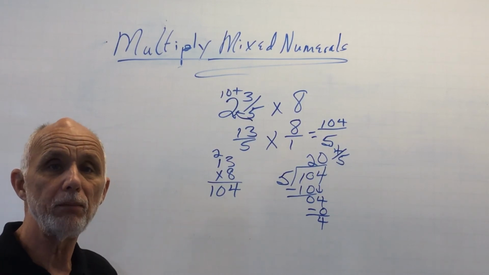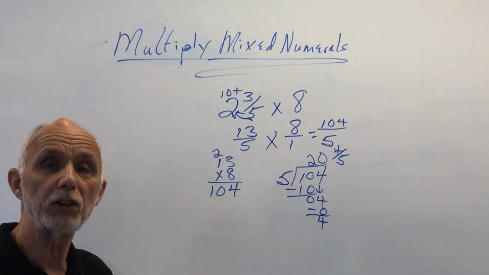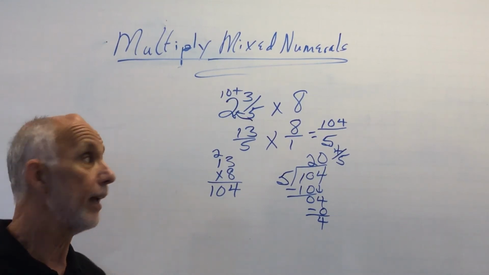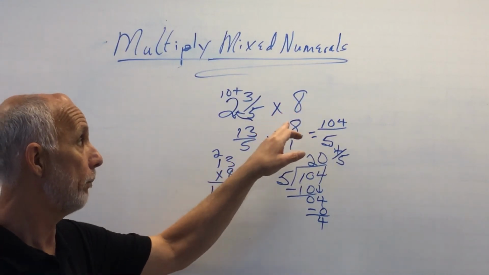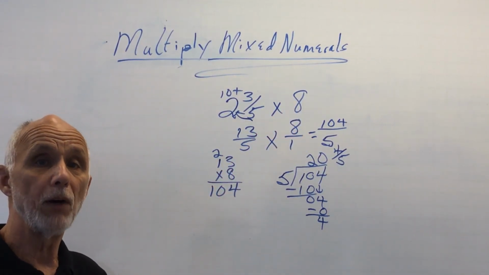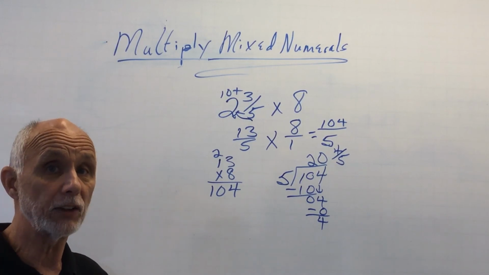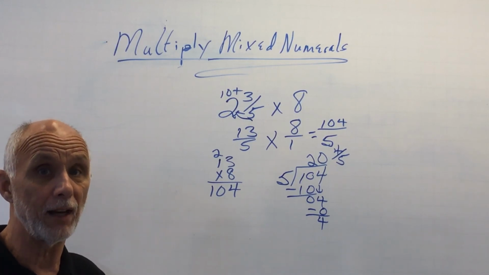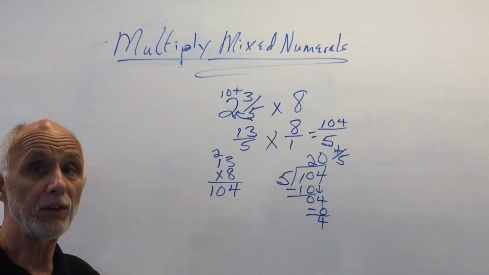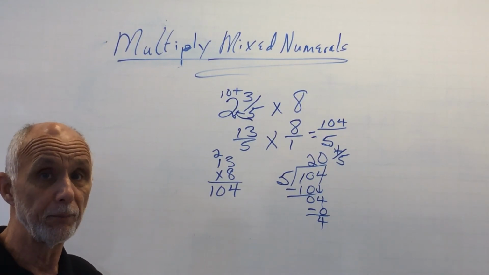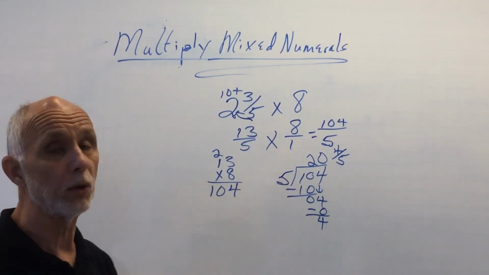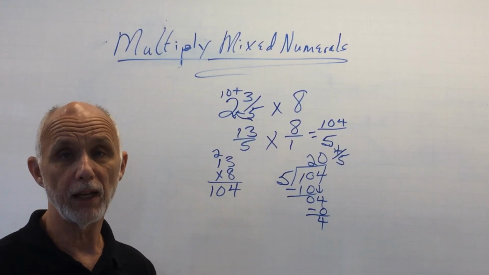So every time I go to multiply mixed numerals, the first thing I do is make the mixed numeral an improper fraction. The same thing with whole numbers. I make them into improper fractions by putting them over 1. And then I multiply like all fractions, multiplying numerator times numerator, denominator times denominator. Use the shortcut and simplify before you multiply, if you can, any top with any bottom. And then when you finish, make sure your answer is proper again.